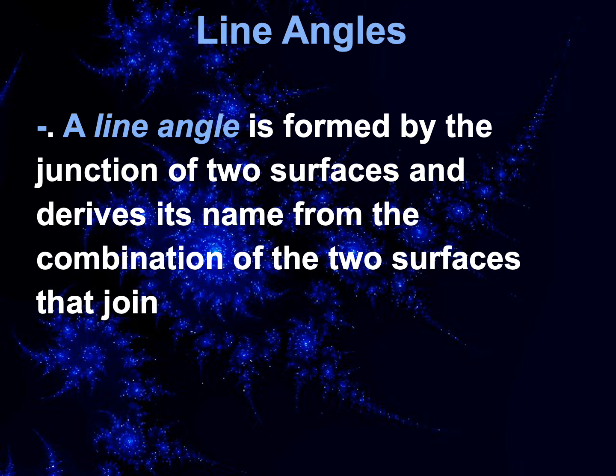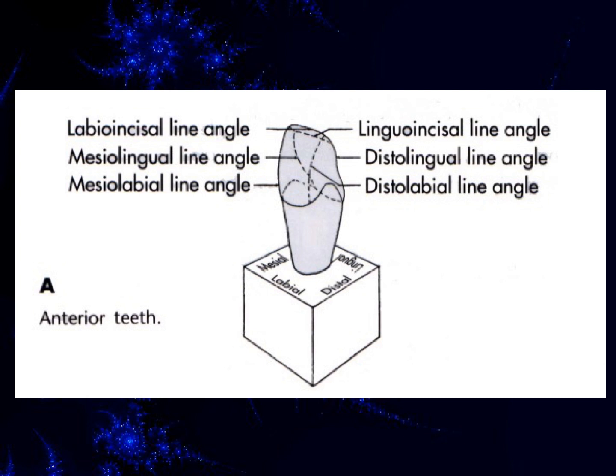A line angle is formed by the junction of two surfaces and derives its name from the combination of the two surfaces that join. As you can see here, for example, this is an incisor, and this is the labial aspect of it. So when the labial and the distal join together, we say this is the distolabial line angle.